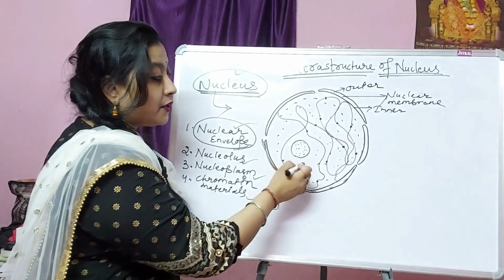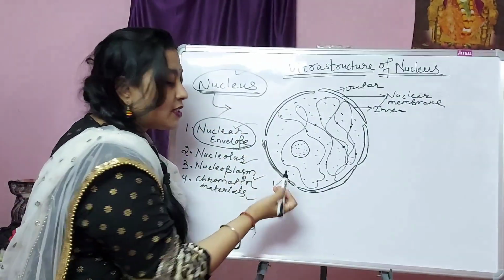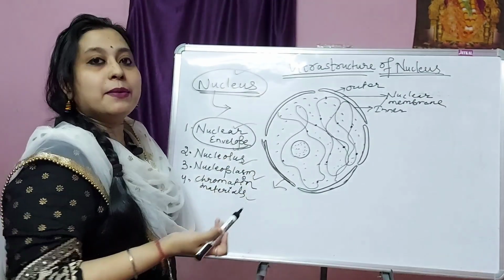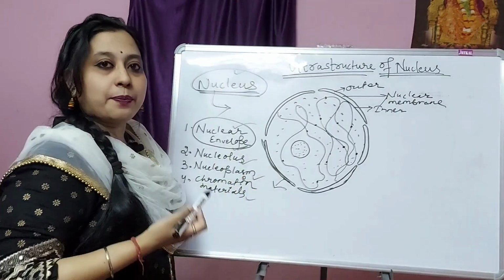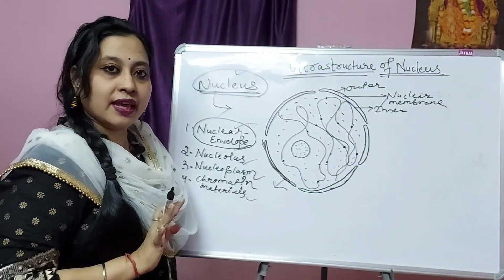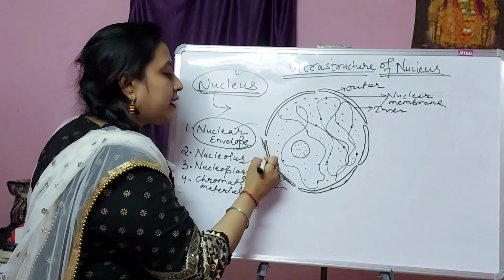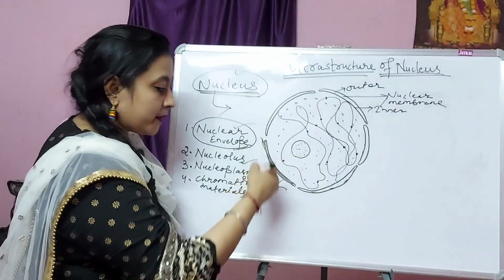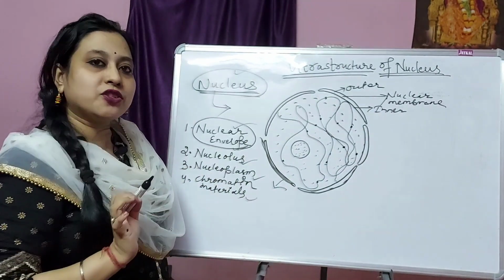As in the case of the cell membrane and cell wall, the purpose of the covering is to provide protection and shape. Besides that, it plays a vital function: it separates the nuclear content from the outer surrounding, which consists of cytoplasm.